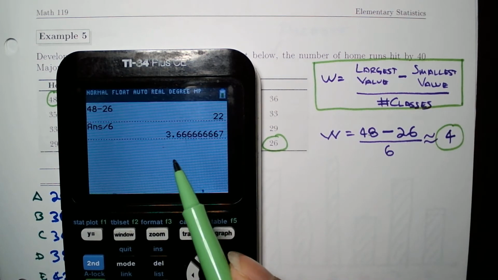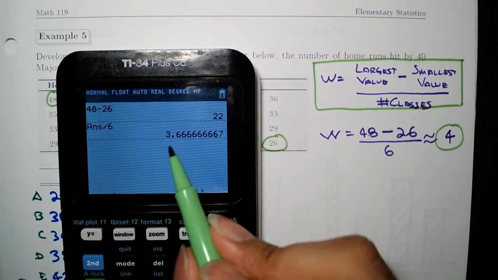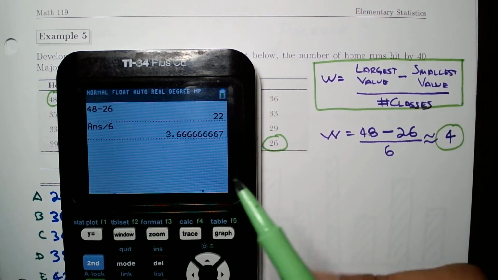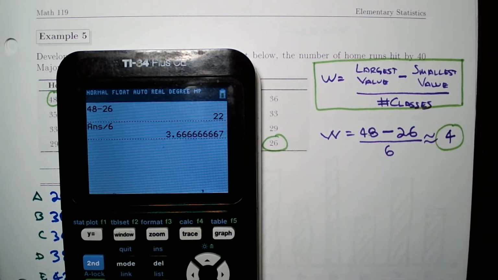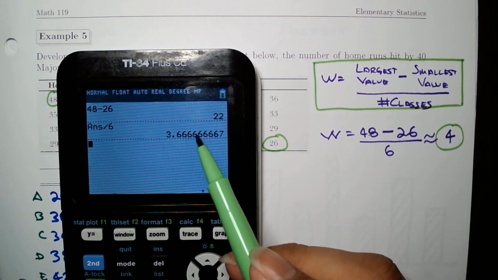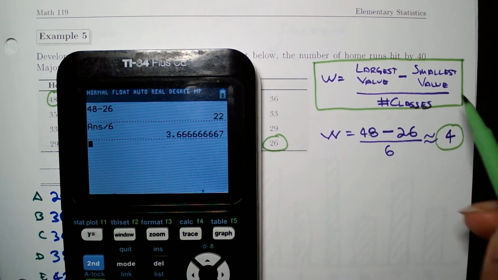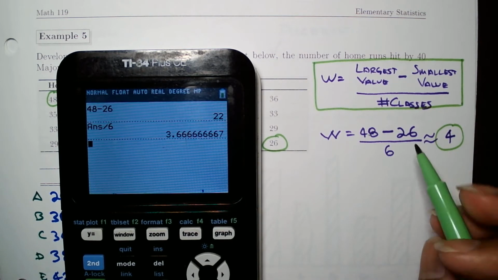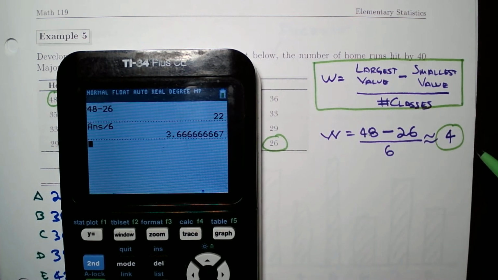In this case, it would be 4. Even if your number is 3.1 or 3.2, I know what you might be thinking: 3.1 or 3.2 actually rounds down to 3 because it's less than 0.5. But for statistics in this particular topic, we always round up to the next integer, in this case 4.